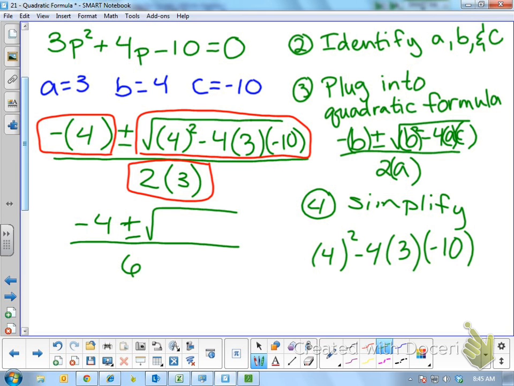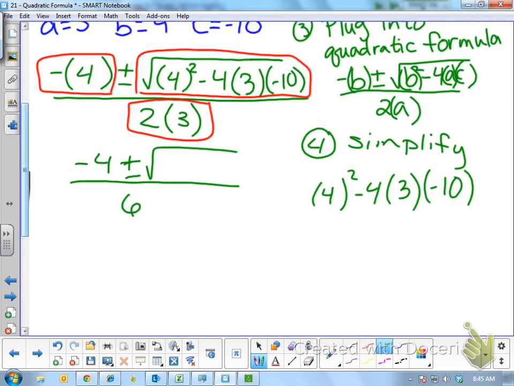Order of operations said we had to do parentheses first, but we got to skip that. Exponents next. So what should I do first to simplify this? The 4 times 2 or 4 squared? 4 squared, which means 4 times 4, which is 16. Then we had to do our multiplication of these 3 things.